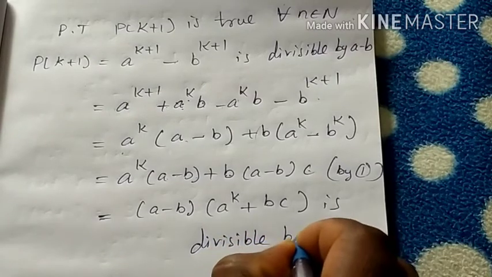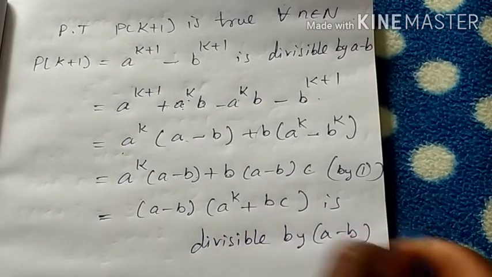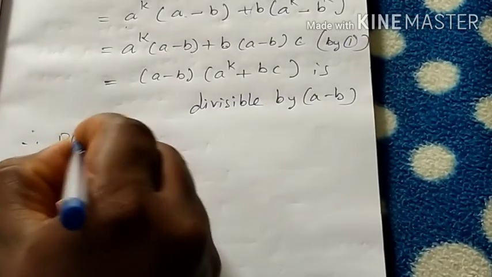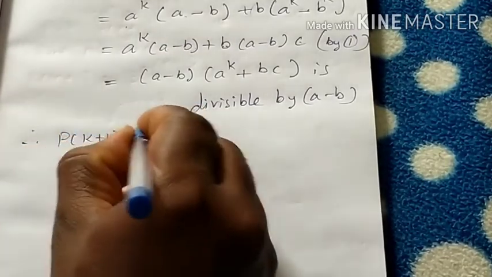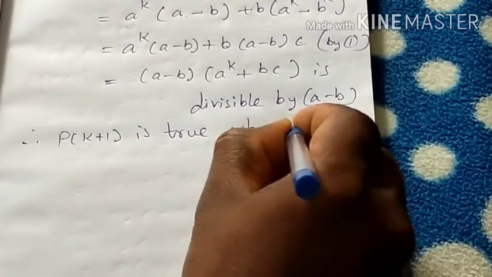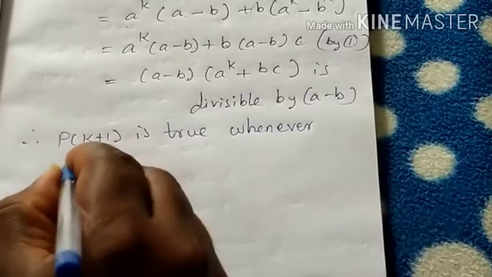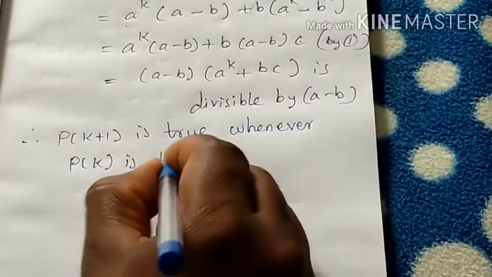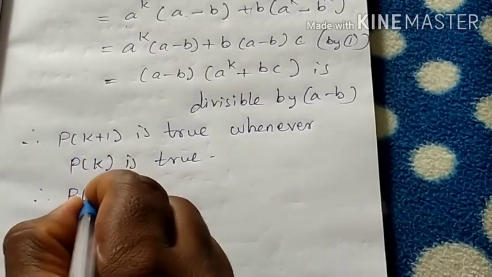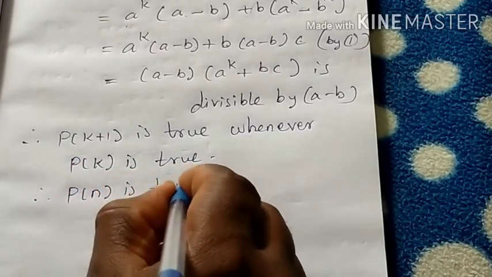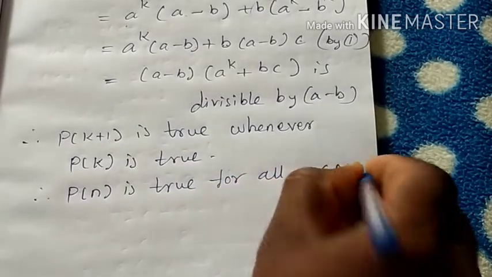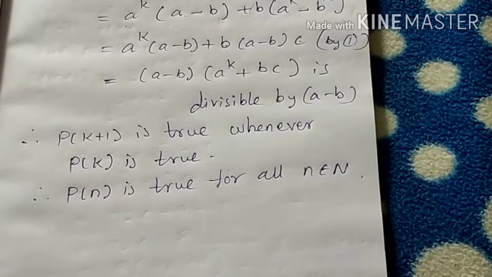Is it or not? Therefore P of k plus 1 is true whenever P of k is true. Therefore, P of n is true for all n belongs to N. Have you understood?